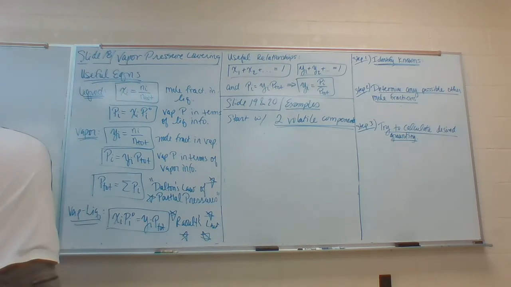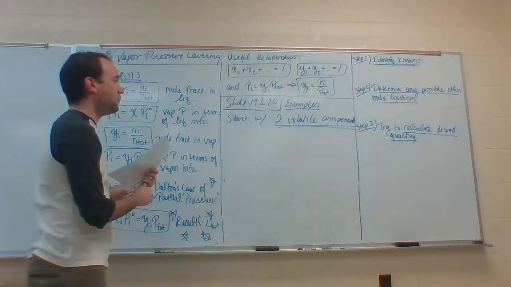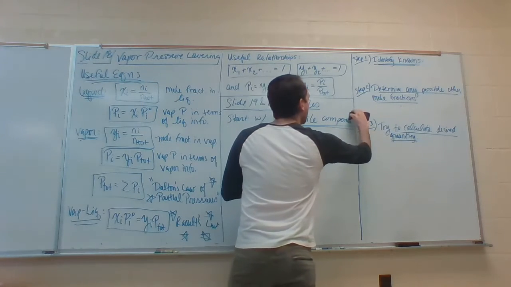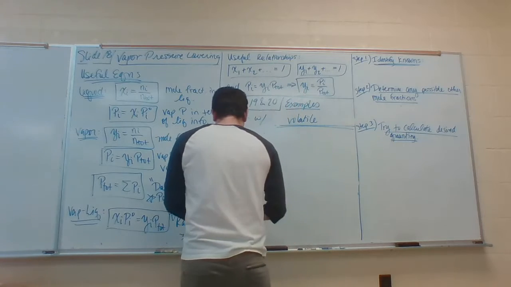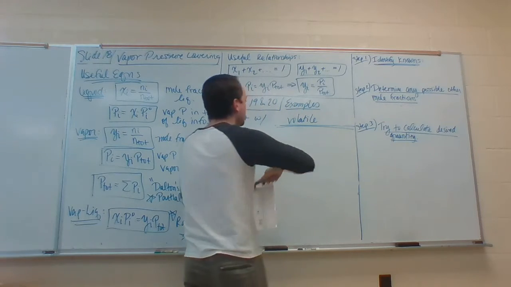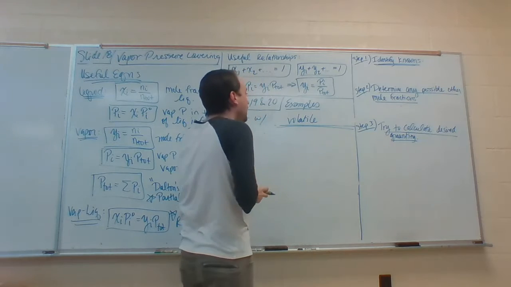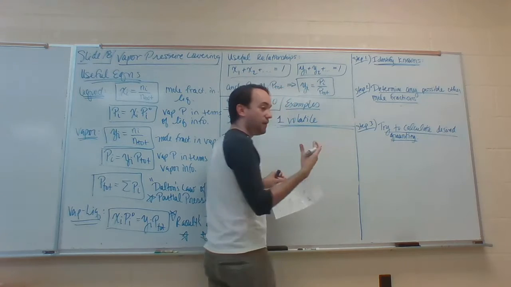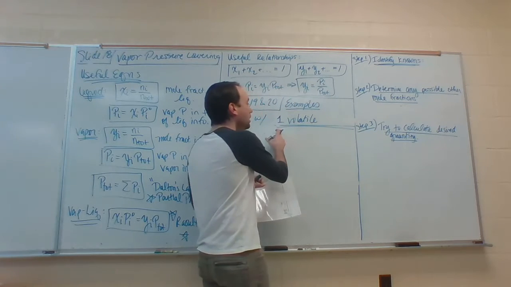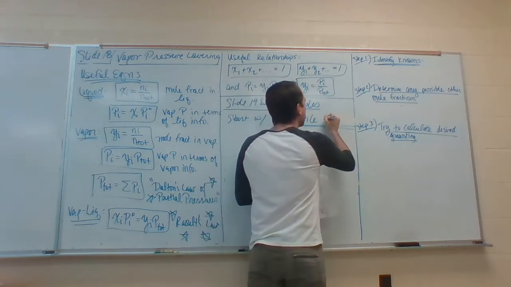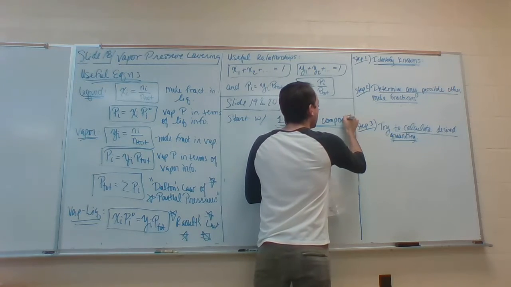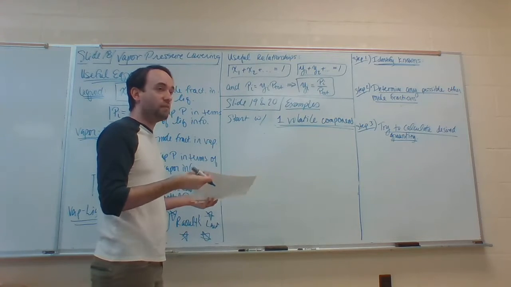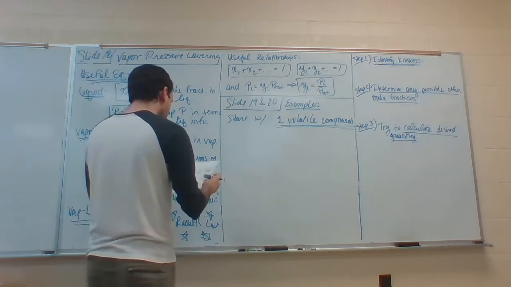So I'm only going to have a certain number of volatile components. If I have a mixture of salt and water, the water is one volatile component, but the salt would be a non-volatile component.